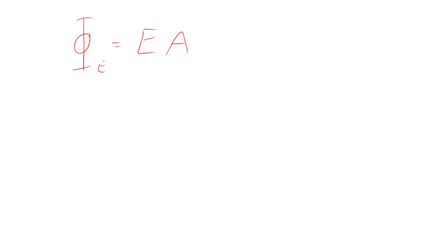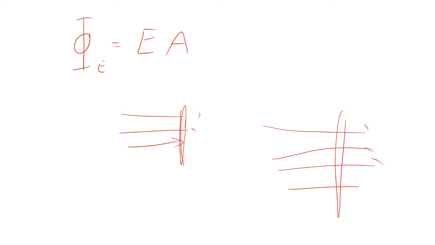So, for example, if you had a circle here and the electric field was going through it, then that would be the flux. A bigger area, more electric field goes through. Or you could have the same flux if the electric field was weaker. And so this was the first step.